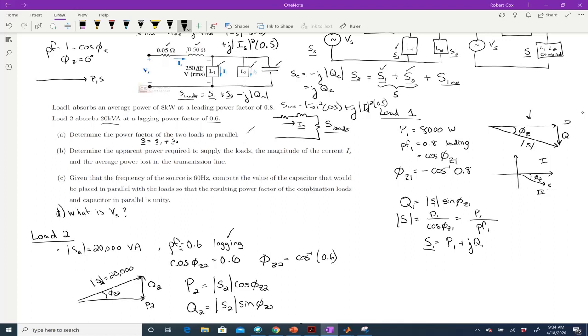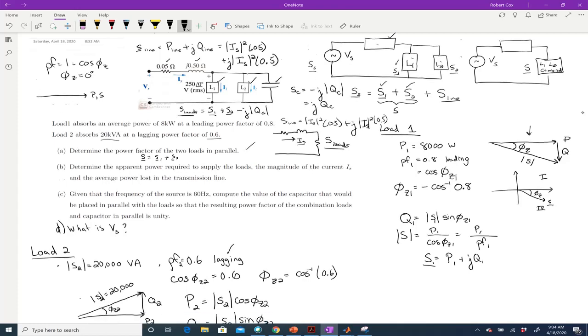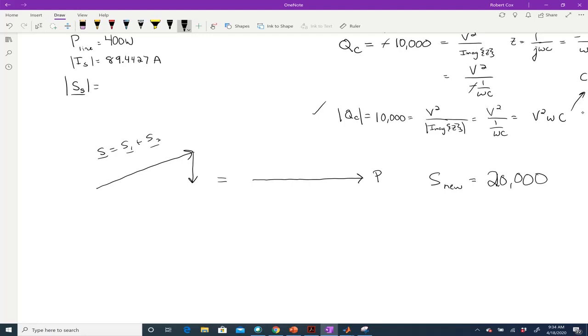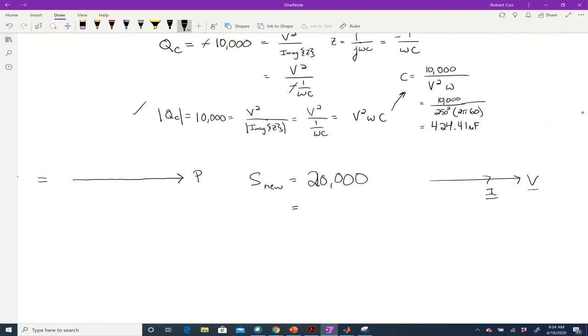Then I can use that to figure out the total complex power coming out of the source. Remember, we've always said that the total complex power coming out of the source has to be the power in this line plus the power in this load plus the power in this load, now plus the power in the capacitor. So I'm going to calculate S source now, given that everything has changed. If S new is 20,000, that has to equal voltage times I S conjugate.